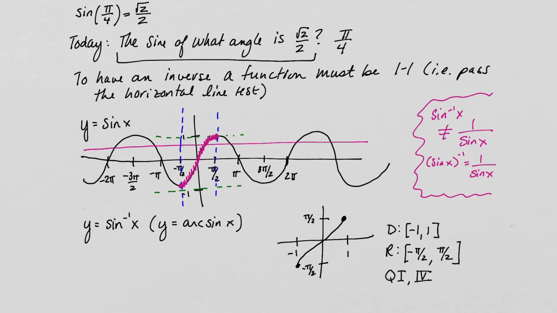So basically, when we're dealing with an inverse sine function, we're looking for answers from quadrant 1 or quadrant 4. I know that was a lot of information, and you're probably thinking, I still don't exactly know what's going on. So what we're going to do is some examples.